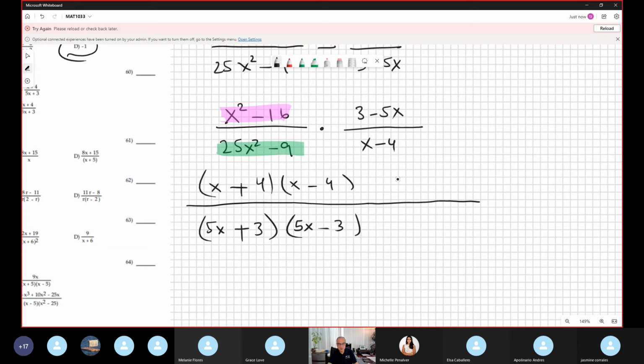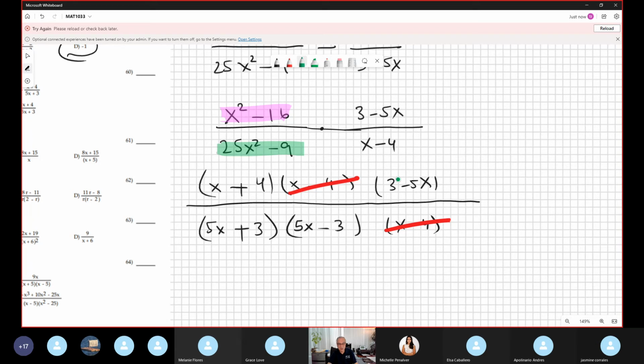And now extending the line. This is 3 minus 5x, and this is x minus 4. Nice. I like that. So now this is a funny moment in which you cancel out. Twin brothers cancel. However, this is brother and sister.